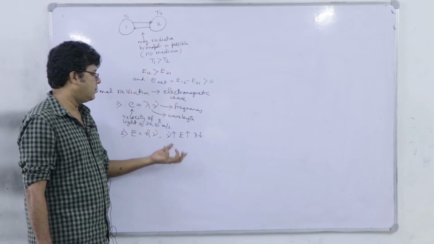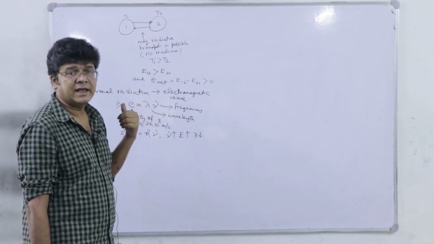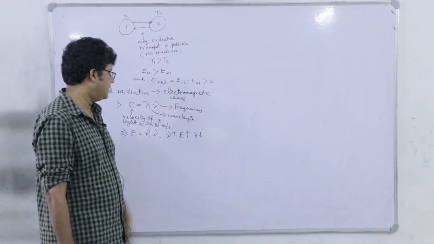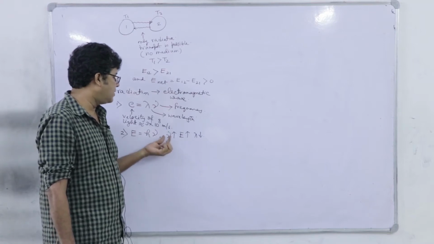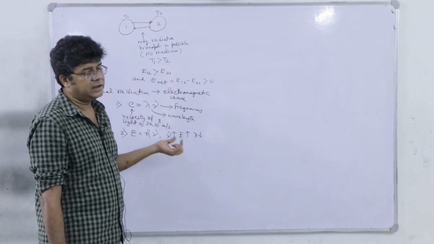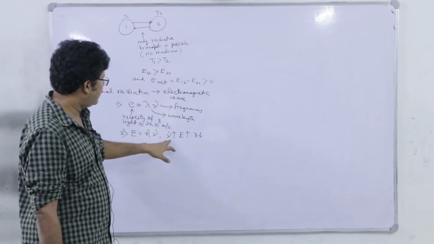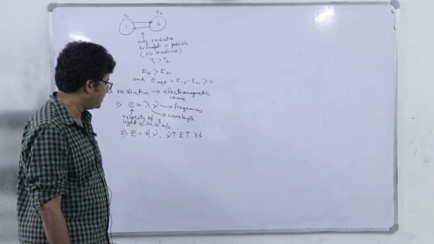But if you go to higher frequency like gamma ray or cosmic ray, it can penetrate even this dense bone matrix. So the penetrability increases as the frequency increases and subsequently the lambda decreases. Okay.